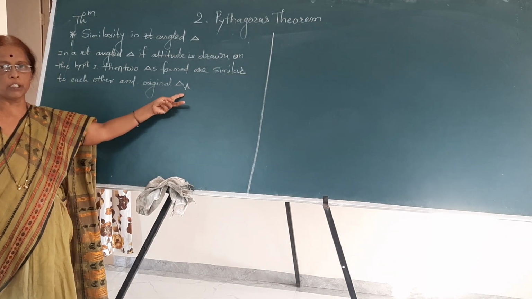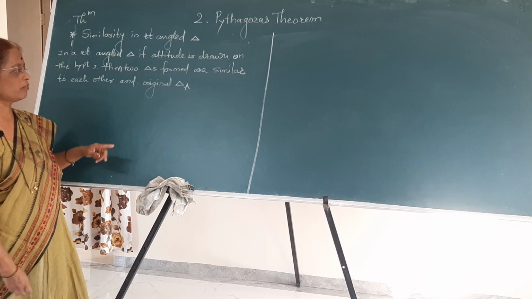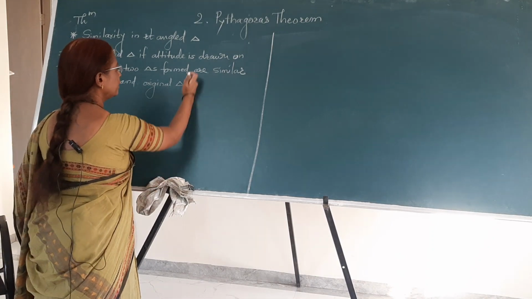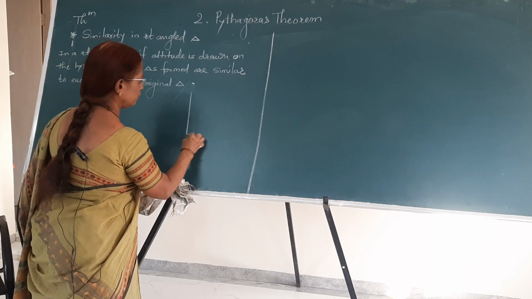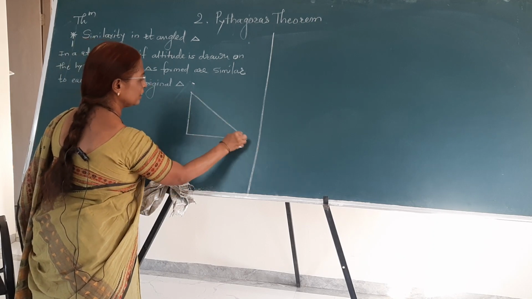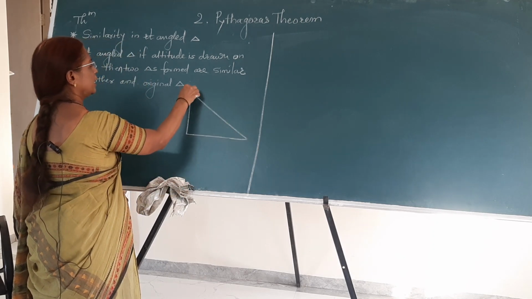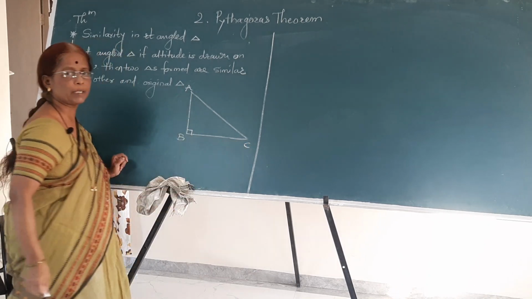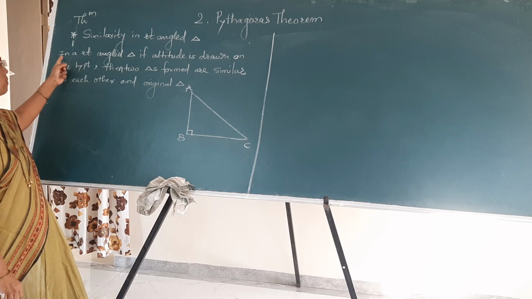Now we have to prove this. So for the proof, first of all we have to draw a diagram. See, this is a right angled triangle. This is our right angled triangle ABC. Now see the statement once again.